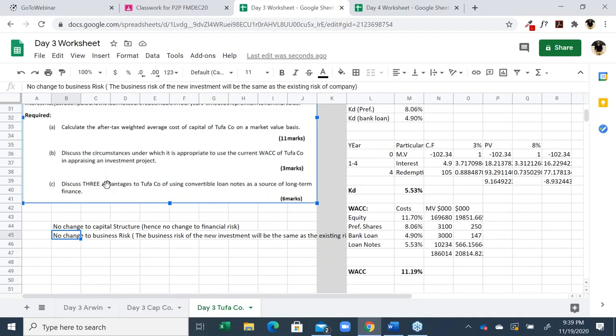The last question. Discuss 3 advantages of TUFA company using convertible loan notes as source of long-term finance. What do you people think? What are the 3 benefits of using convertible loan notes?